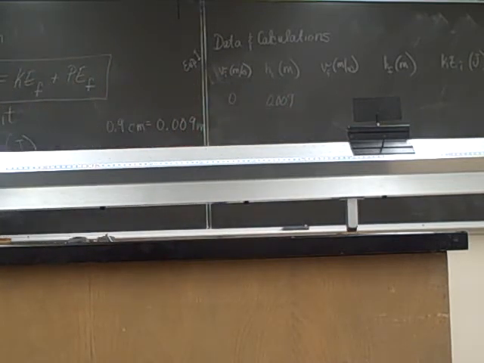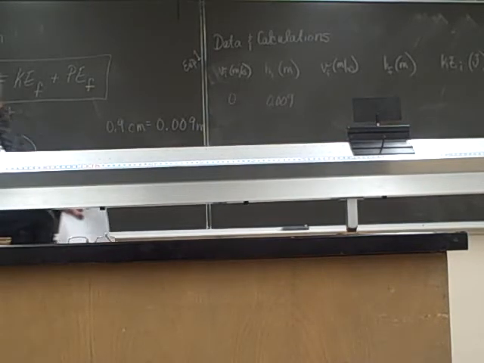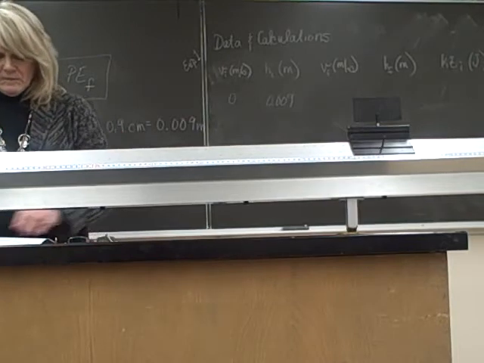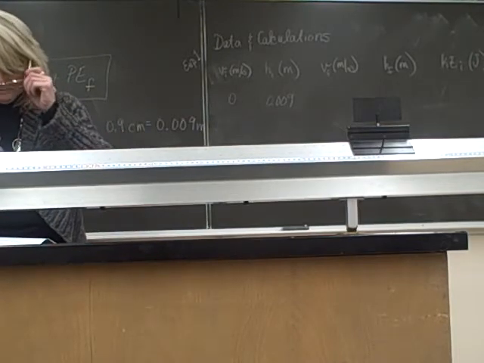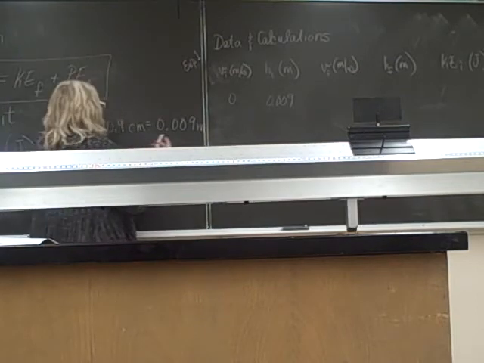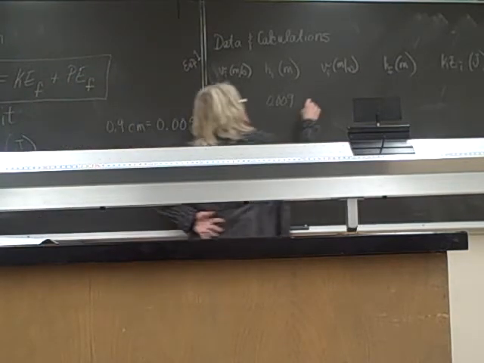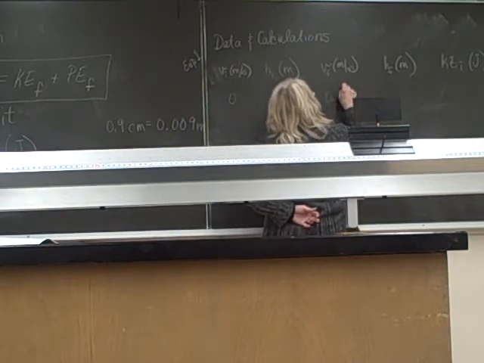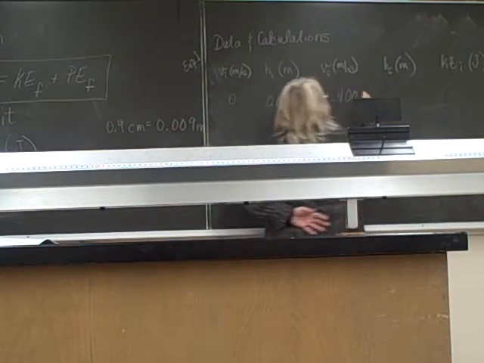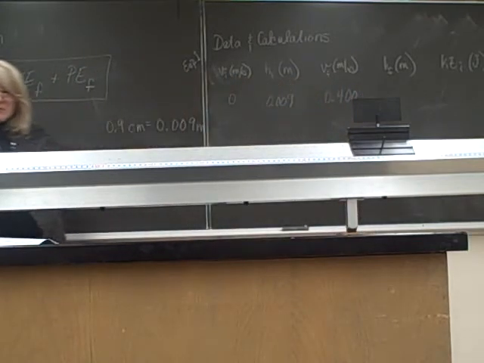And then V final you're going to read from the computer, and it might be something on the order of 0.4 meters per second. You'll know it to 3 decimal places.